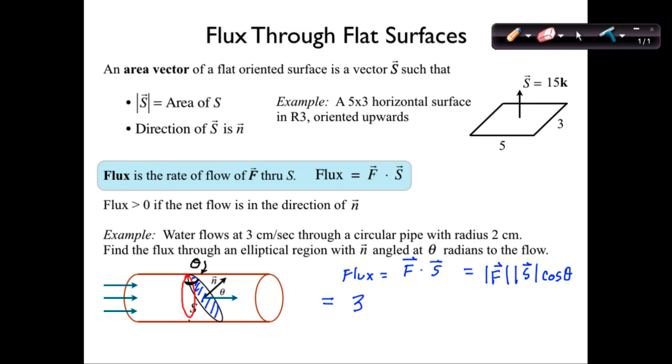Right there. So we're going to use triangle trig, but instead of on side lengths, we're going to use it on areas. So what is the area of this, that's easy, orthogonal to the flow? 4 pi. And how'd you get that? Pi r squared. That's the area, that's going to be 4 pi.